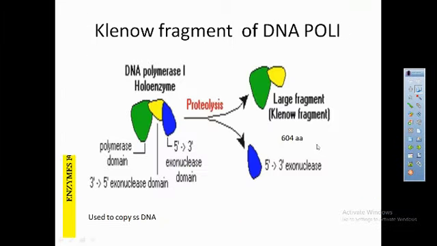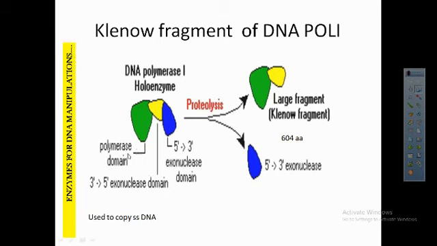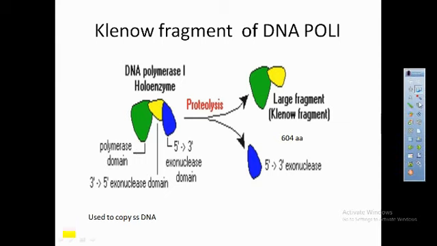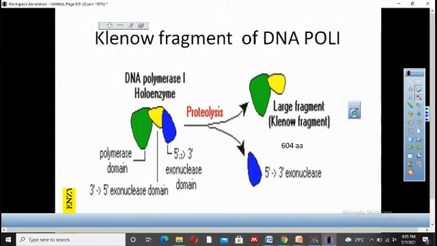This is just a pictorial representation of the DNA fragment, where the DNA polymerase holoenzyme is a single polypeptide of 948 amino acids. This is called the polymerase. The green one is the polymerase domain. The blue one is the 5 prime to 3 prime exonuclease domain.